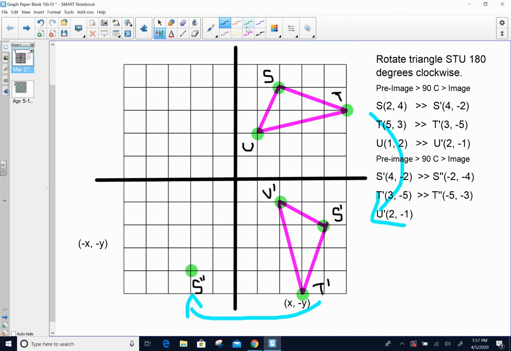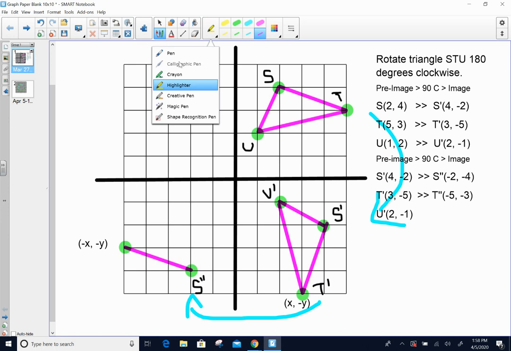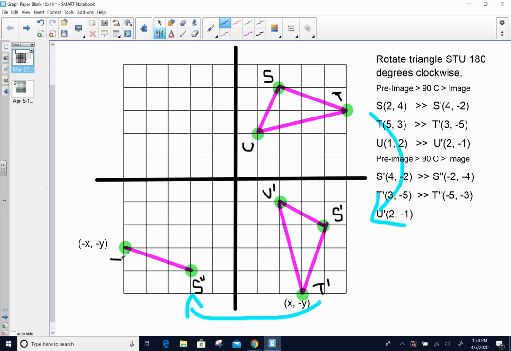Let's go ahead and plot that point. -5 means I'm going to the left. 1, 2, 3, 4, 5. -3 tells me I'm going down. 1, 2, 3. Right there. Let's go ahead and connect those points. And let's label that as T double prime.